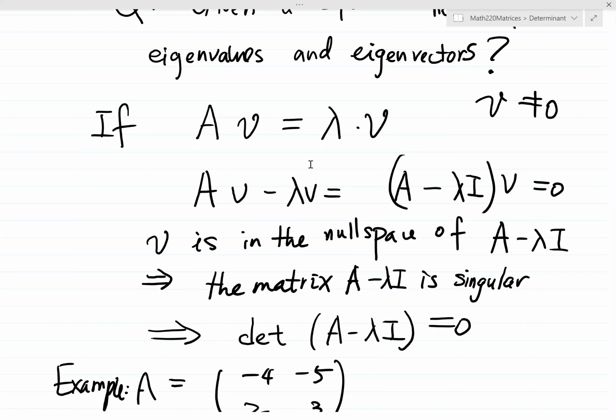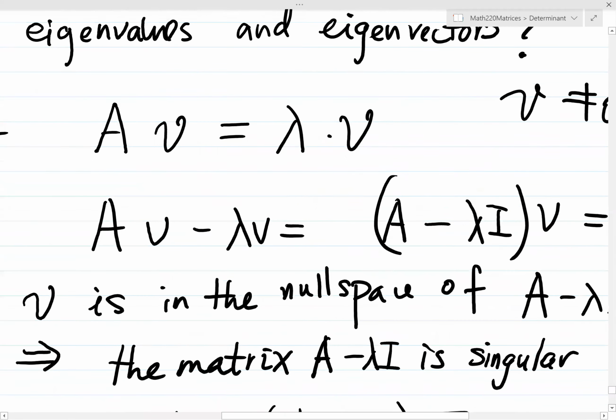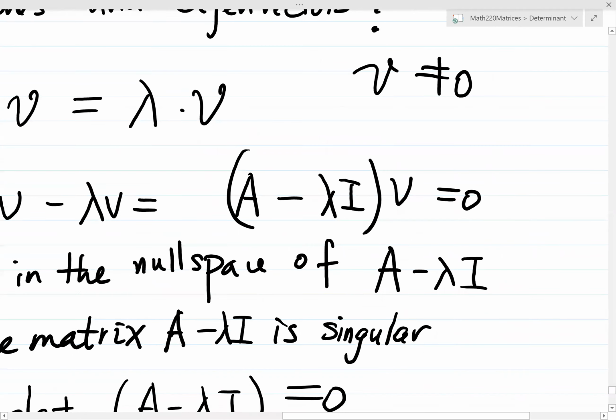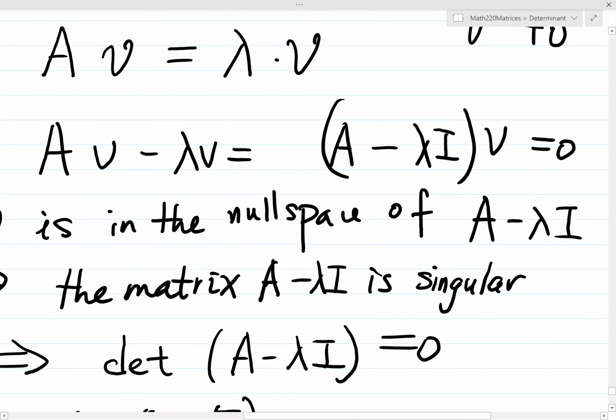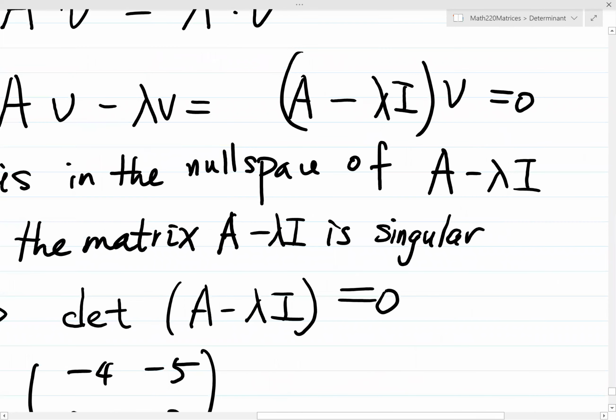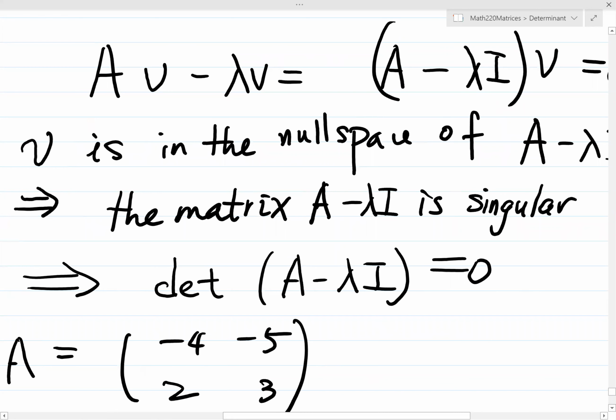If you write it as A minus lambda I times V equals 0, where I is the identity matrix, then the matrix A minus lambda I has a non-empty null space, because the non-zero vector V lies in the null space. So the matrix A minus lambda I cannot be full rank; it is singular.